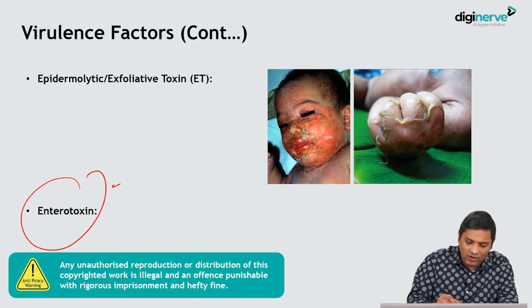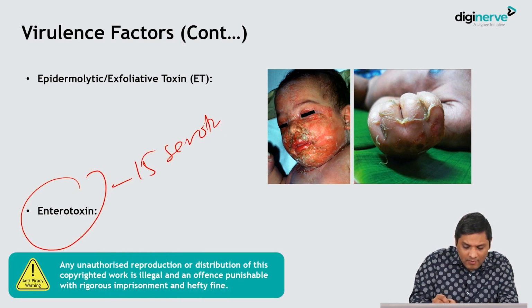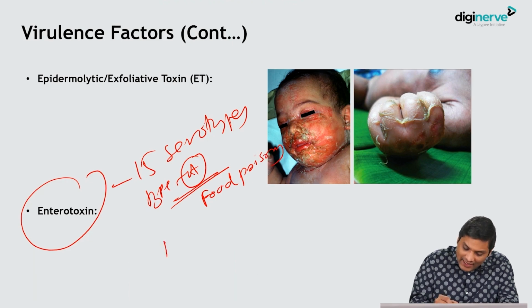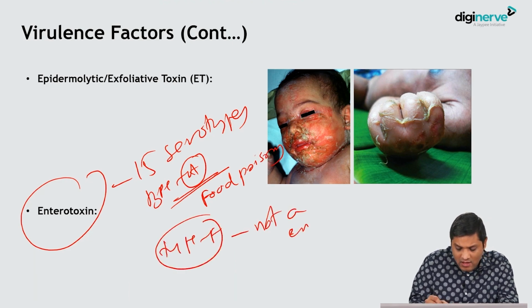Remember that staphylococcal enterotoxin has various serotypes. It has around 15 serotypes, among which type A is the most common toxin to cause food poisoning, whereas type F is not an enterotoxin. It doesn't cause food poisoning.